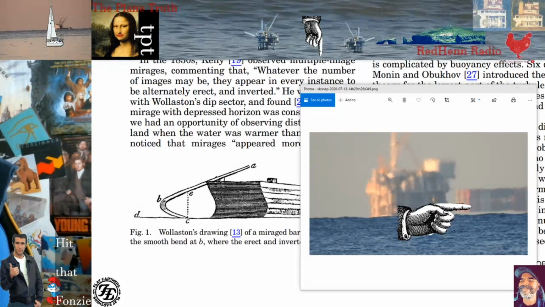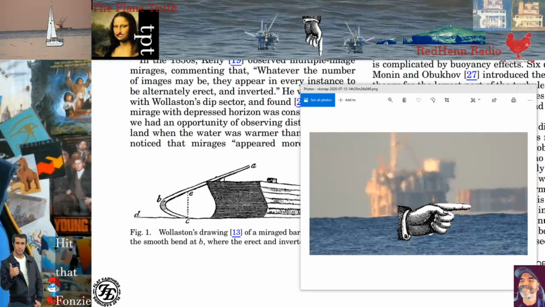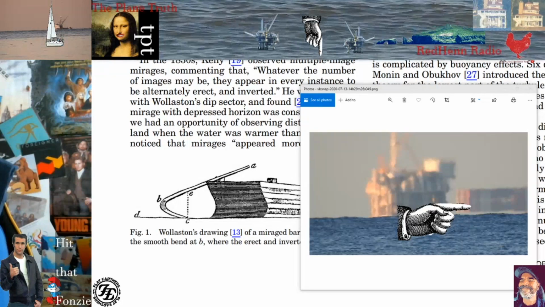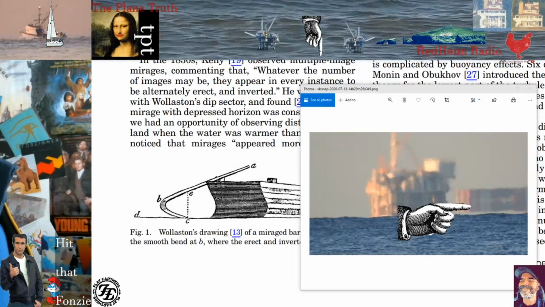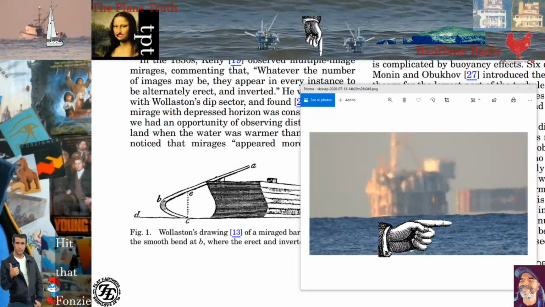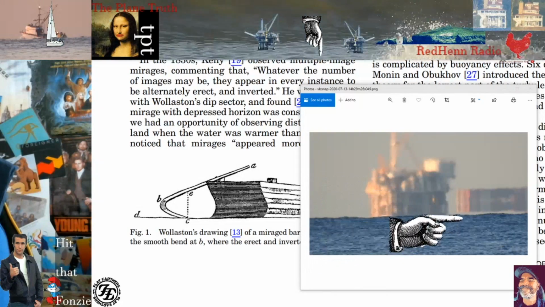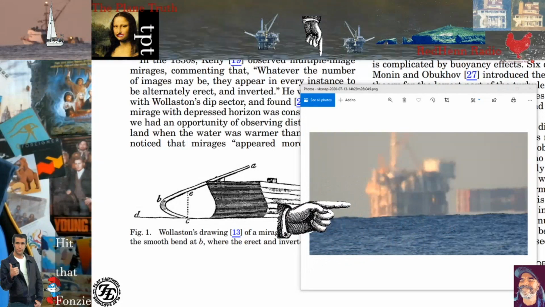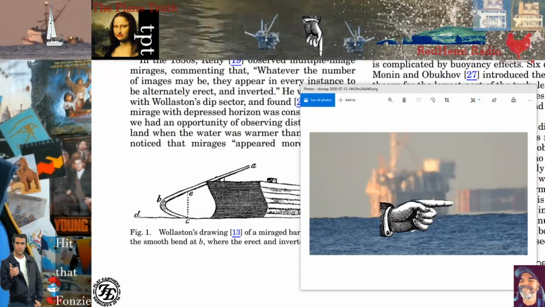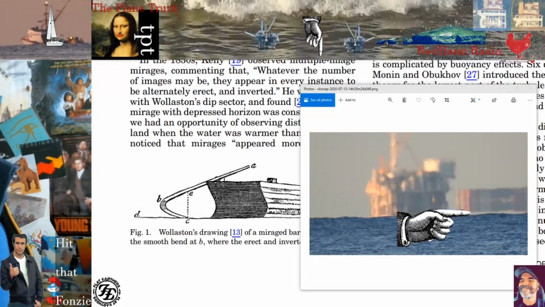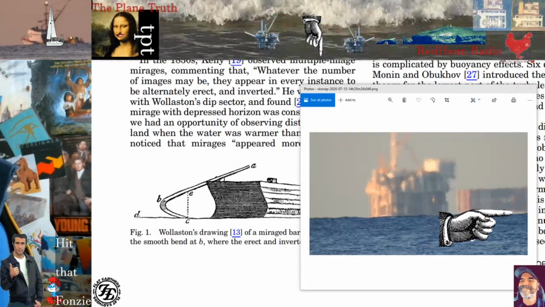You'd see the boat if there were no inferior mirage or anything crazy. You would see the water go to the boat just like you see the water in front of the platform. There's nothing crazy about this. This is just a normal day. But right here above the water, you see the sky mirrored.